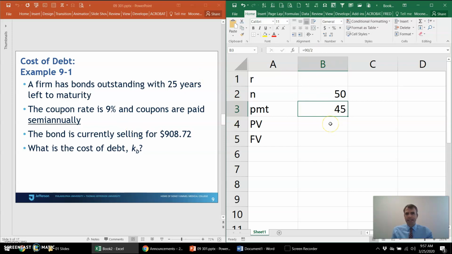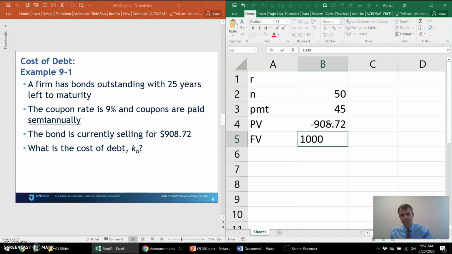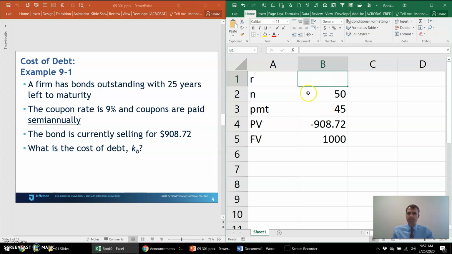And then the price is $908.72. That's the present value, negative $908.72. And then the face value is always 1,000. It's not listed here, but it's always 1,000. And the firm's cost of debt is the yield to maturity. So we want to use the rate function to find the discount rate on this bond's cash flows.